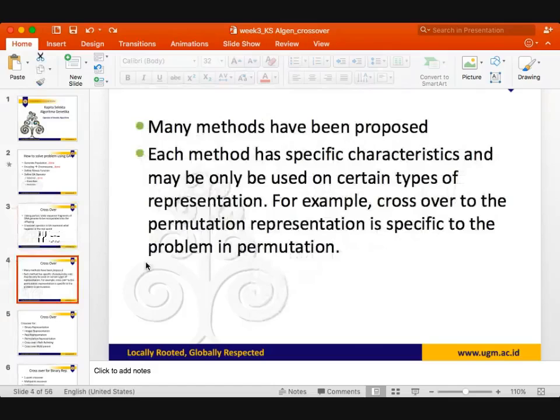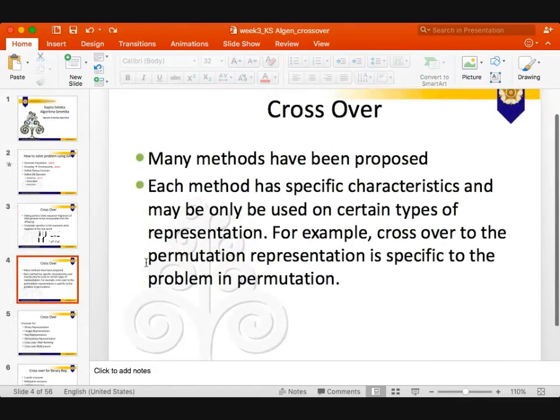And actually in the GA, there are many methods that can be applied to the crossover operation. Each method has specific characteristics, and maybe can only be used on certain types of representation. So it means for a different chromosome representation or type of encoding, we will choose a certain crossover method.